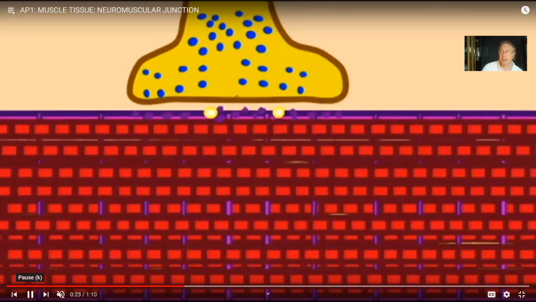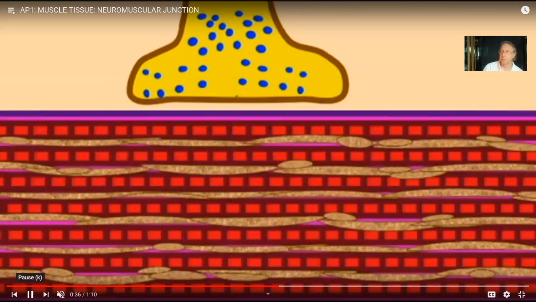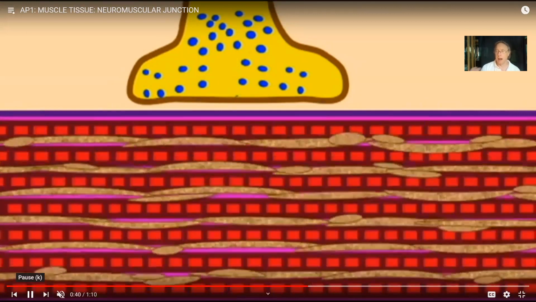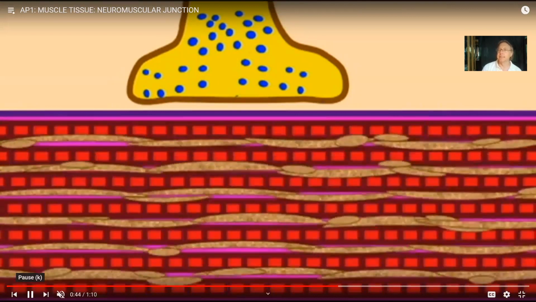So the action potential then spreads over the sarcolemma, then through the T tubules. These are channels which allow the electrical message to go deep inside the cell, to the sarcoplasmic reticulum, which is storing calcium. When the sarcoplasmic reticulum is then signaled with this electrical message, it releases its calcium.